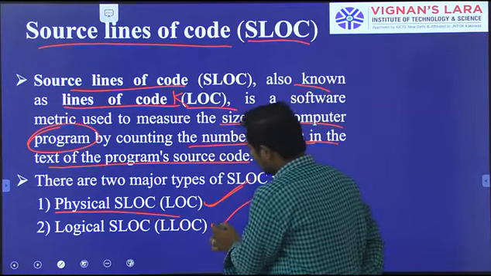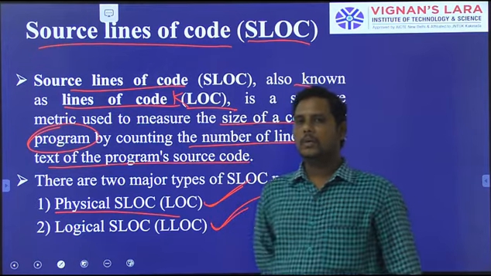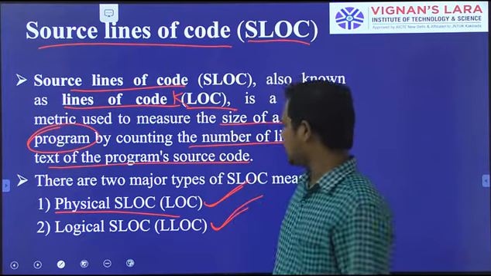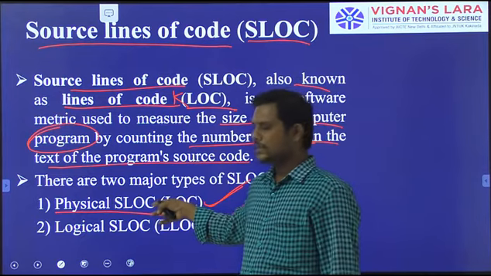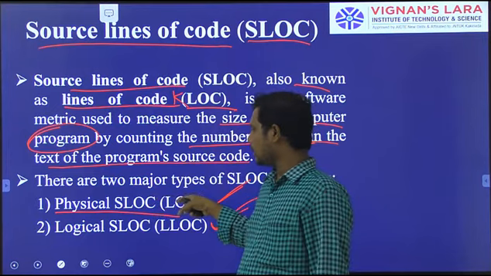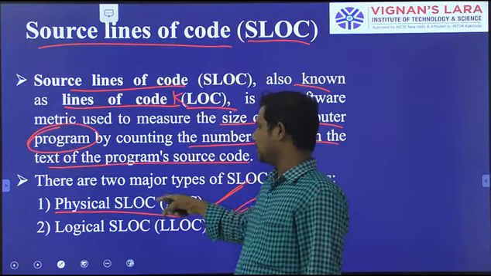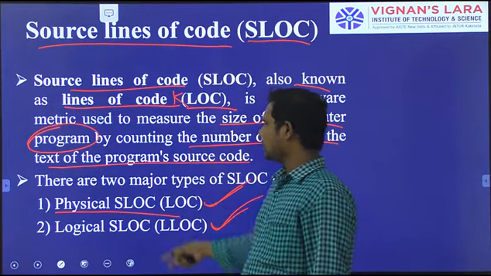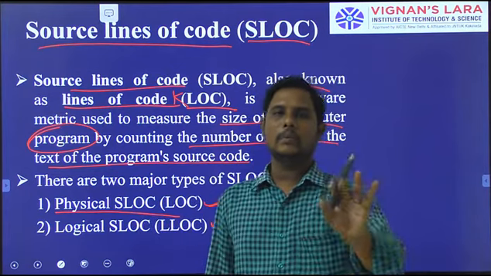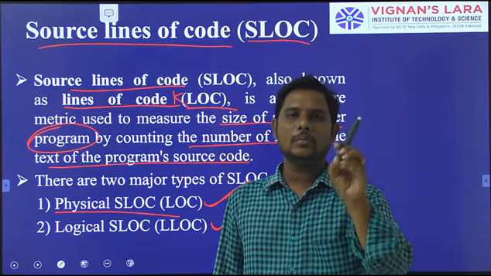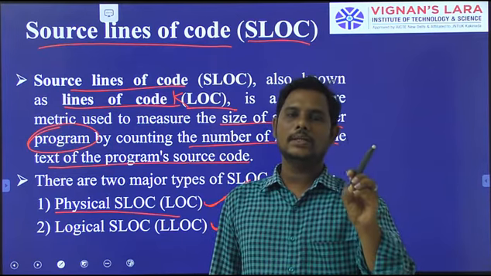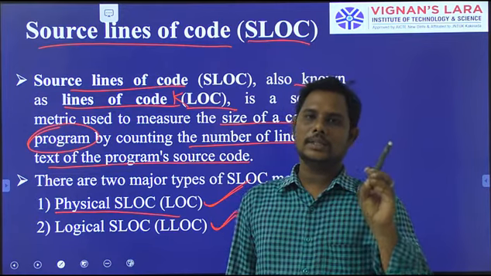Whereas with logical SLOC, only the logic of the program is counted. Spaces and empty lines are considered in physical SLOC, but logical SLOC considers only the logic of the program. Only executable statements are considered to calculate the project estimation.